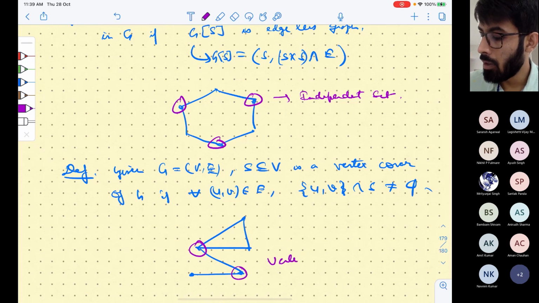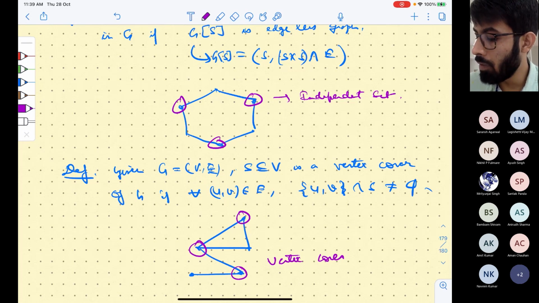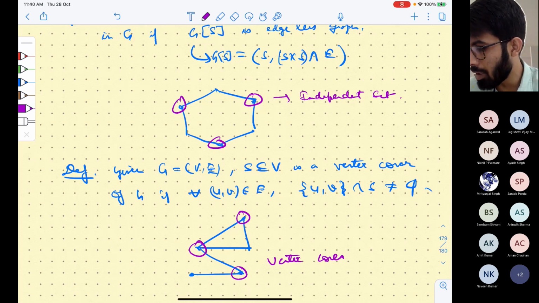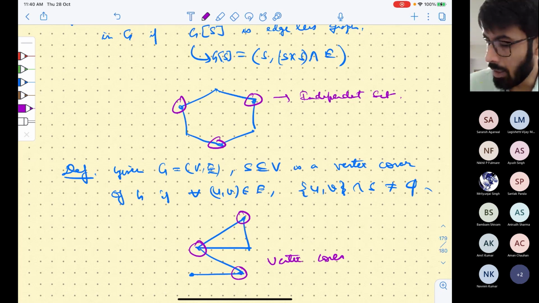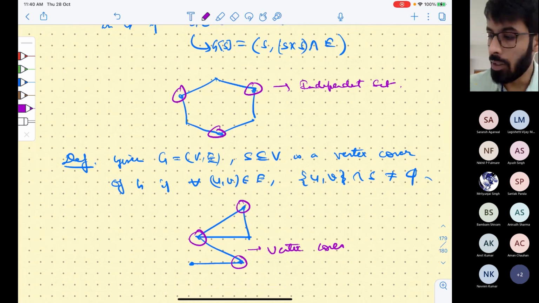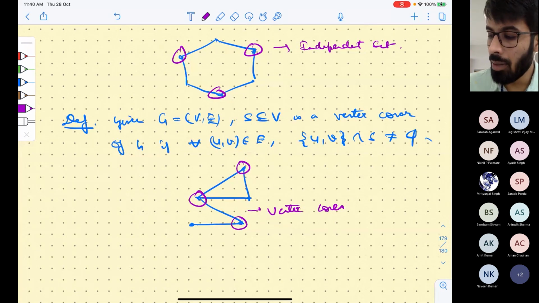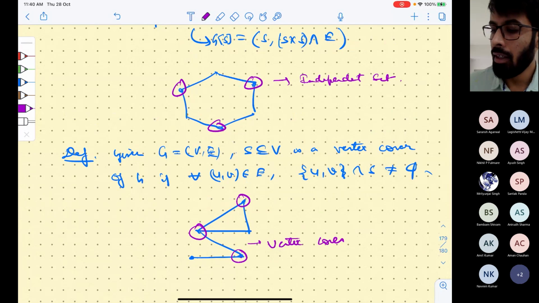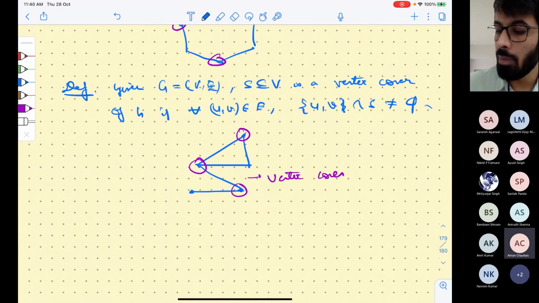This is a vertex cover. No, sorry, we need to include one more. Now you look at any edge in the graph: this edge has one endpoint in the vertex cover, this edge has both, this edge has one, and so on. I don't know whether it is the minimum vertex cover for this graph. I think it should be. Anyway, so this is a vertex cover. But as I was talking about the minimum vertex cover, what is the trivial independent set in a graph?